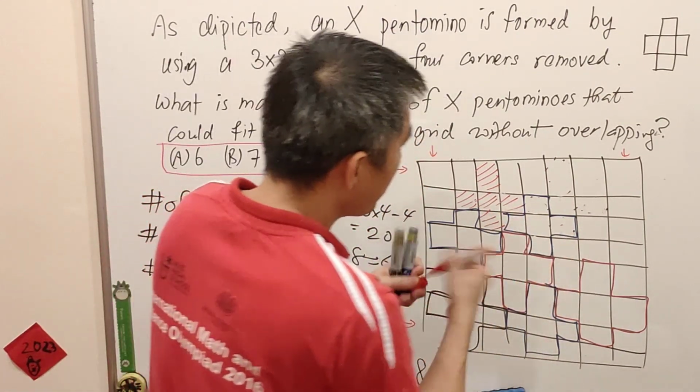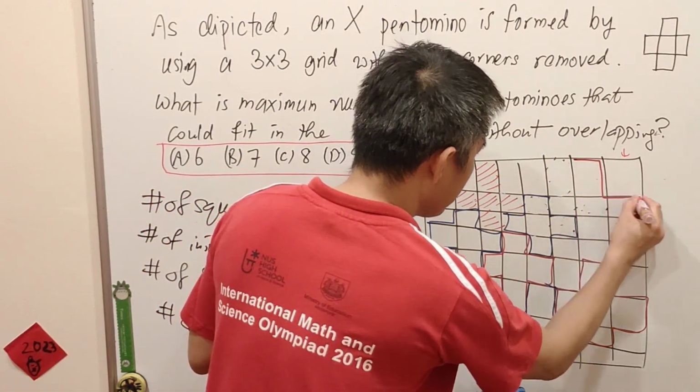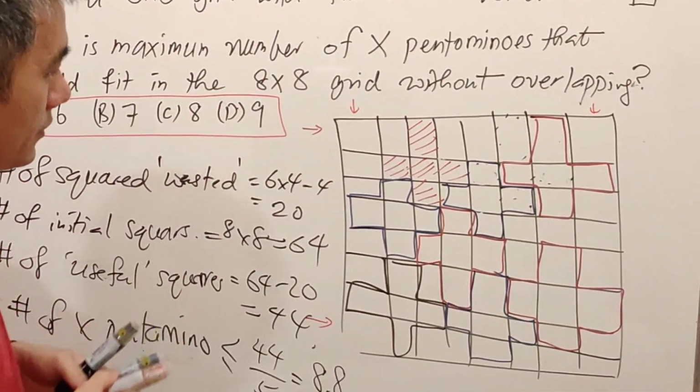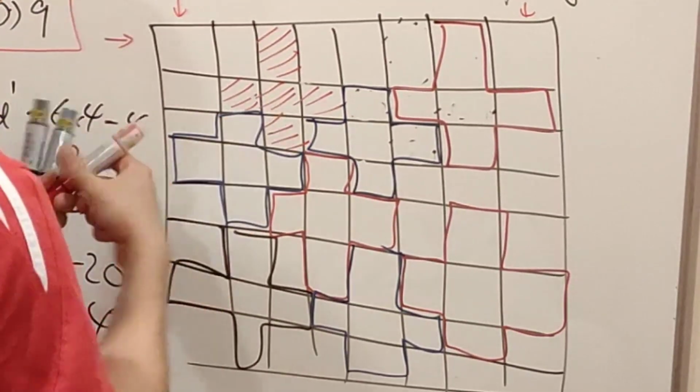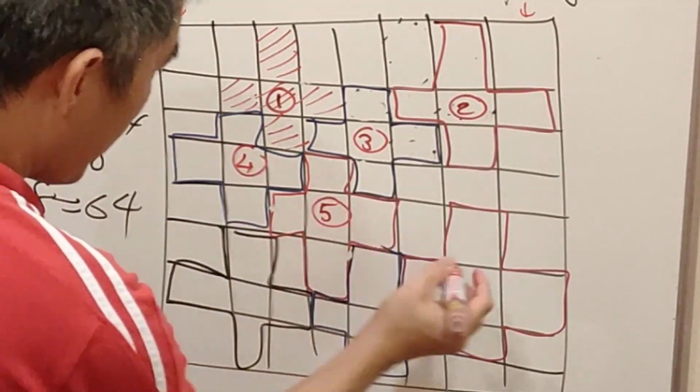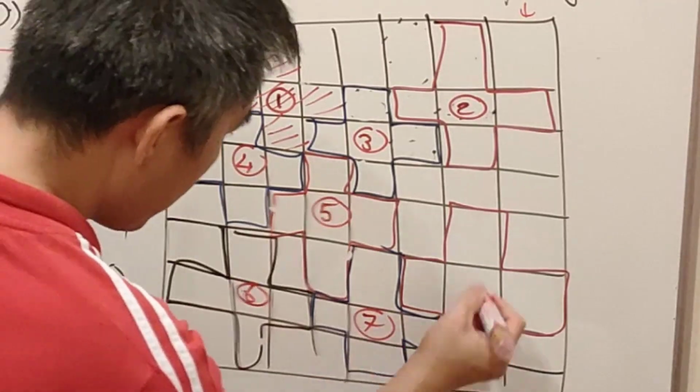Then we can fit in another one here. Okay, so now we have 1, we have the center 2, 3, 4, 5, 6, 7, and 8.